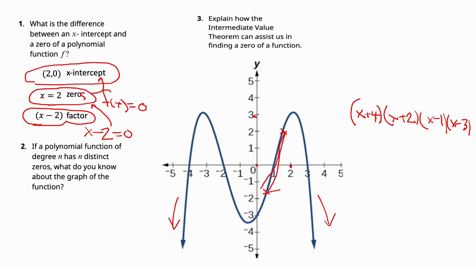So anytime we have an odd polynomial, because one side goes negative and one side goes positive, whether it's lead coefficient positive or negative, somewhere in here has to cross the x-axis at least once, maybe more, but at a minimum of one time. And so the intermediate value theorem would determine that every odd polynomial has to have one real 0, no matter what.